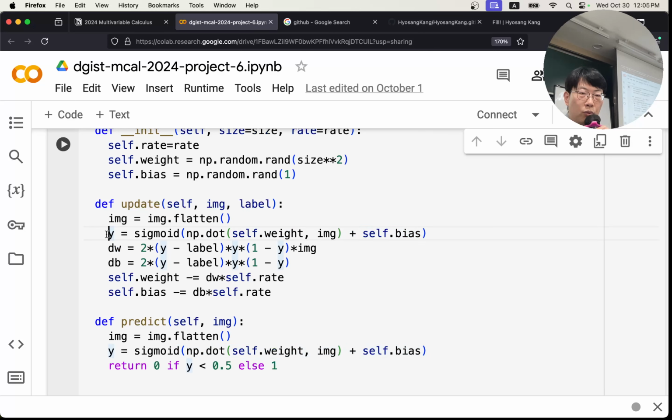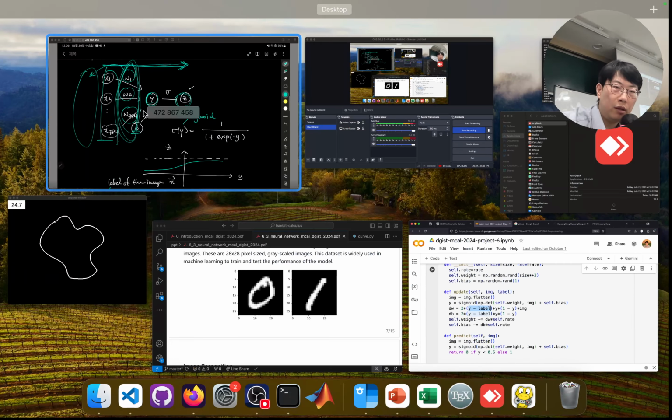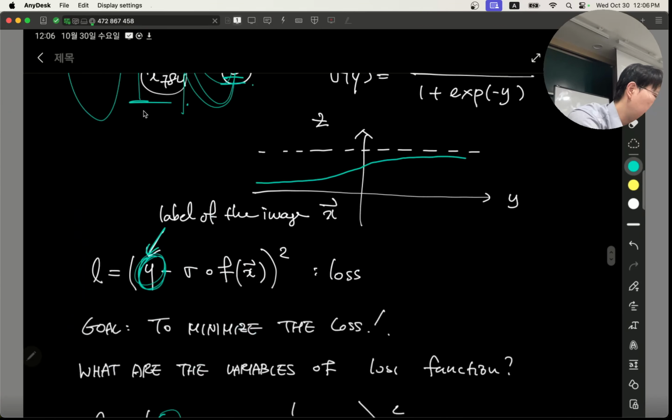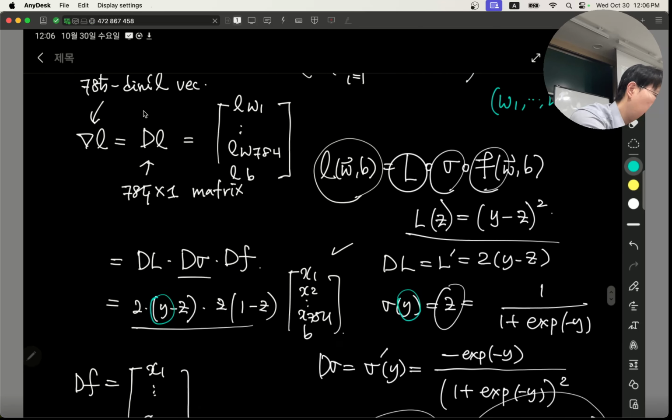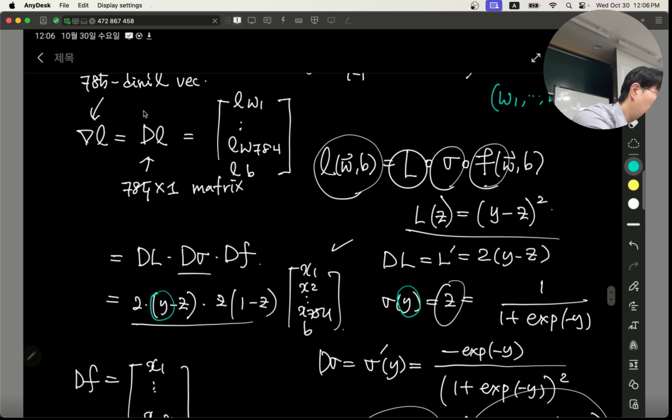But once you get this y, here's the thing. So you have this y minus label because, I think it's somewhere. Oh, maybe I forgot. I think I forgot to put the negative part here. Oh yes, I forgot the negative sign.